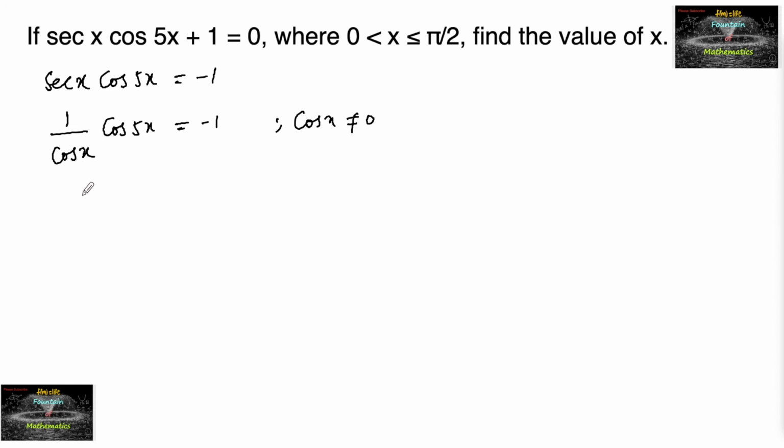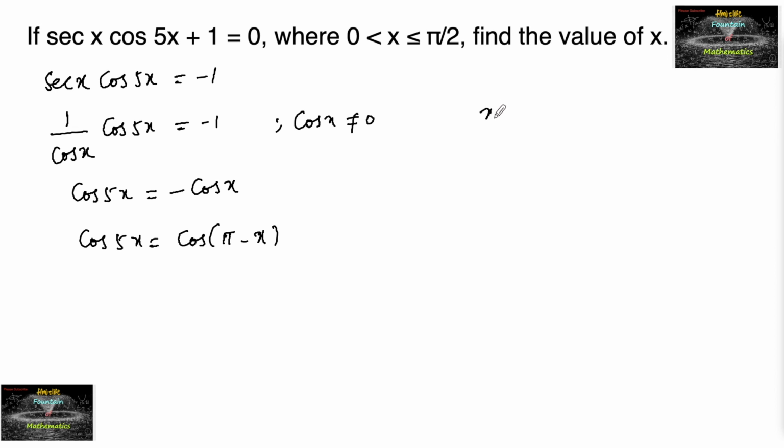So that cos 5x is equal to minus cos x. So we can write this as cos 5x is equal to cos of pi minus x.